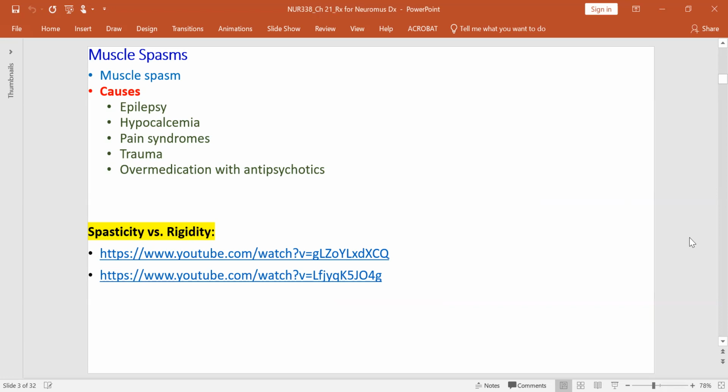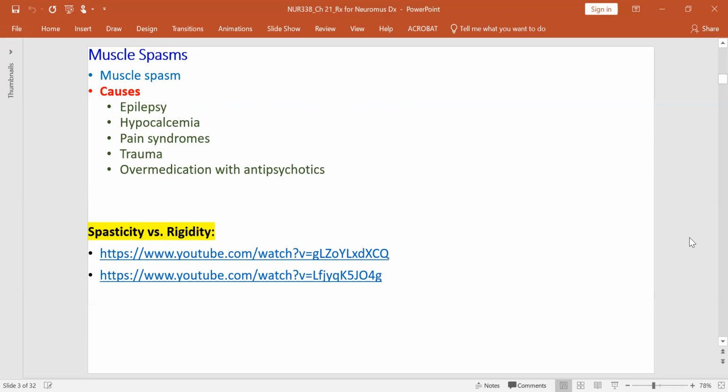So the muscle spasm is the involuntary contraction of a muscle or group of muscles. There are two different types of spasm: tonic spasm and clonic spasm.